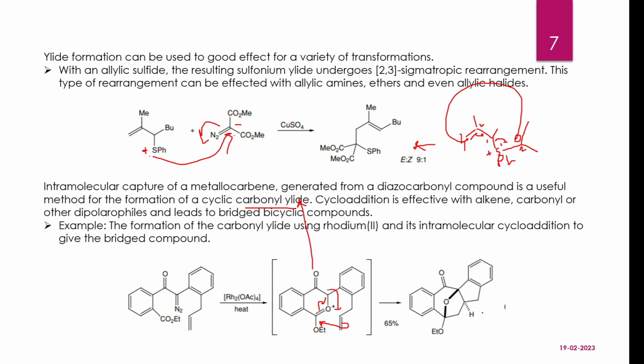So what is happening after carbene generation? We are forming the ylide. If there is an electron donating substituent, it will donate and a ylide will be formed, and that will undergo a pericyclic reaction. One is the 1,3 dipolar cycloaddition reaction, and the other was the 2,3 sigmatropic reaction.